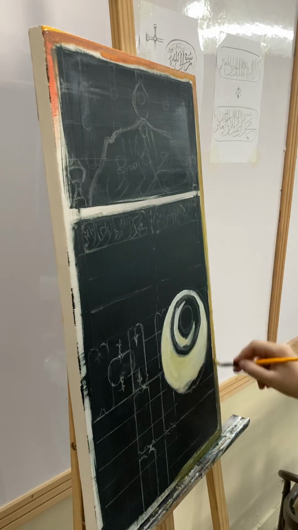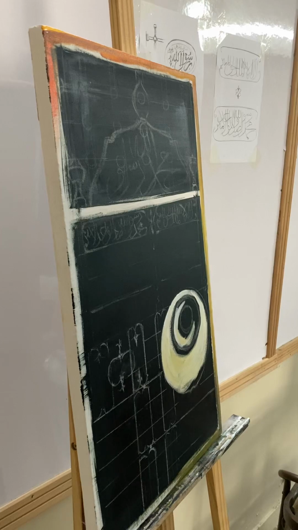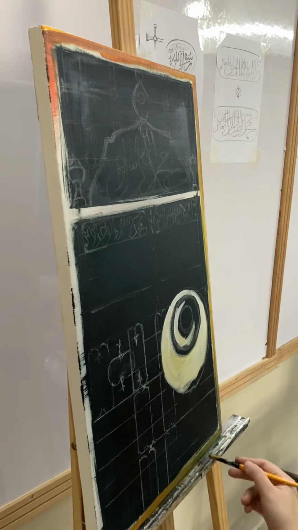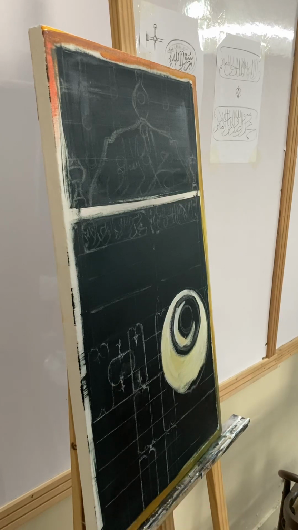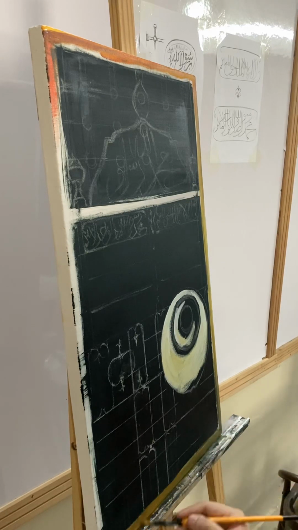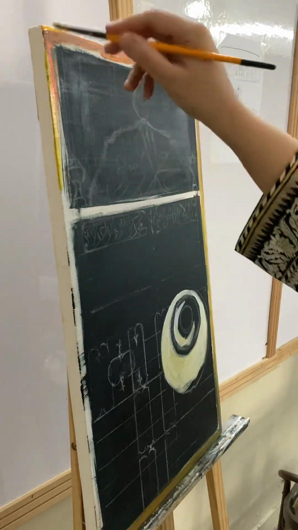Go in and out with the use of black and white. If you want it to be light, you can use white. And for the richness of the color, you can use orange. I'm using orange as well. Here I've used orange.